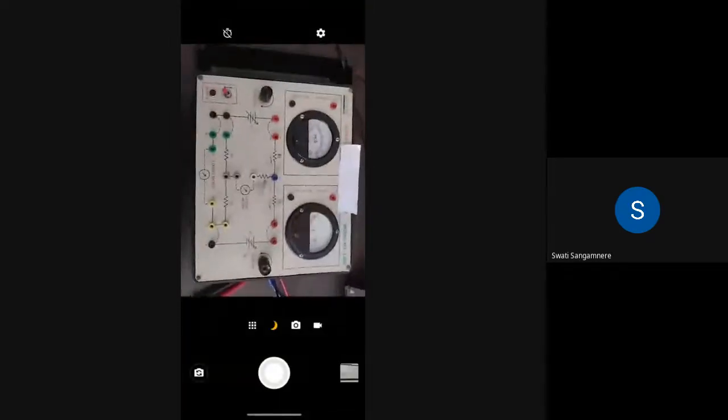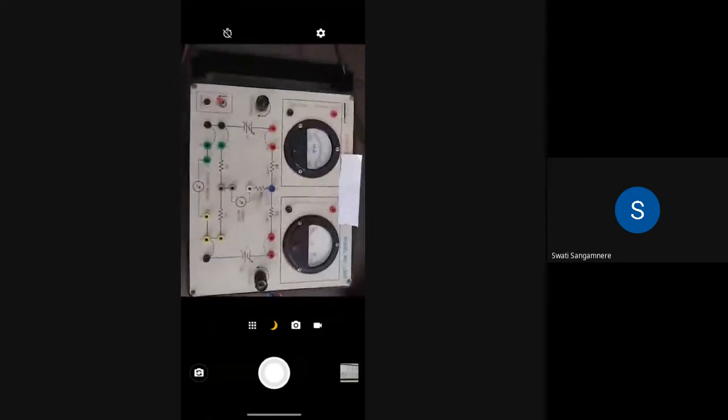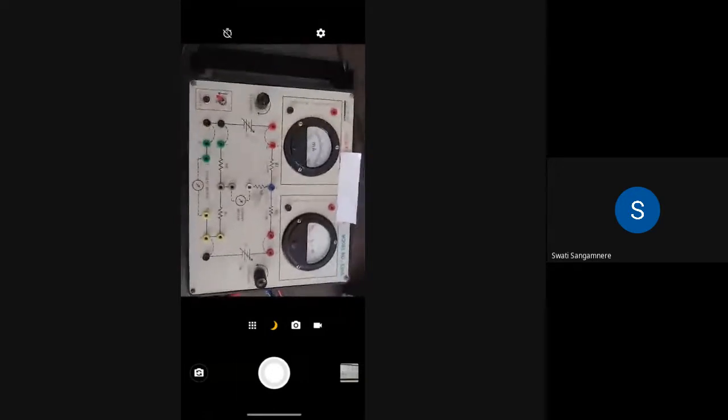See, this is the nodal analysis trainer kit.